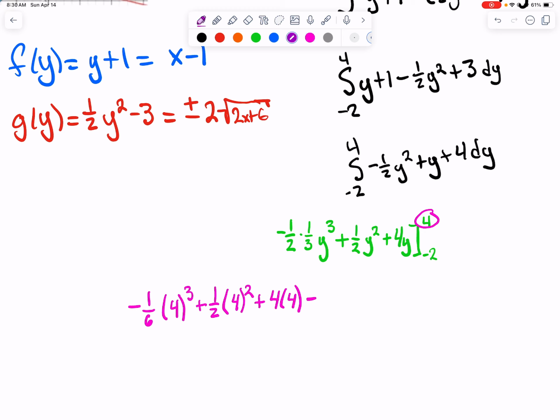We're going to subtract our second half here. So minus -1/6 times -2 to the third, plus 1/2 times -2 squared, plus 4 times -2.